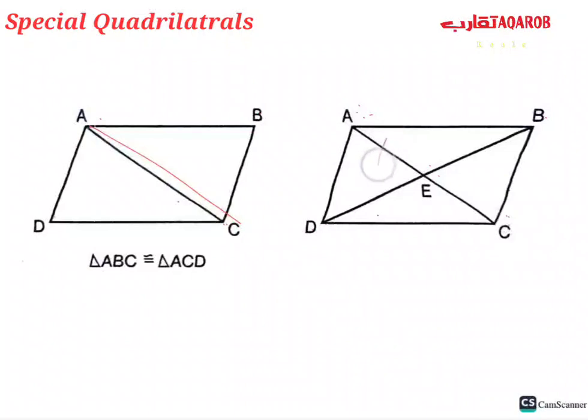So AE equals EC, and the same thing, AC bisects diagonal BD into two equal line segments. So BE equals DE.